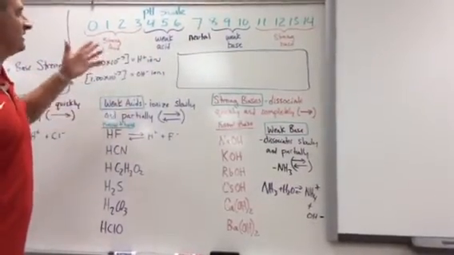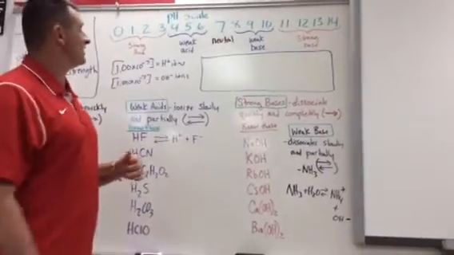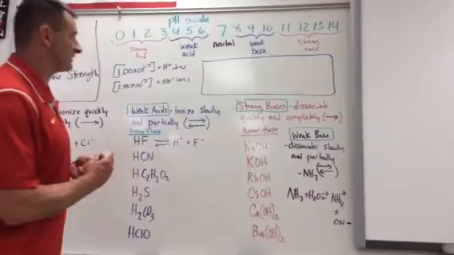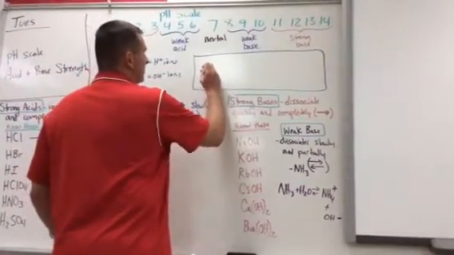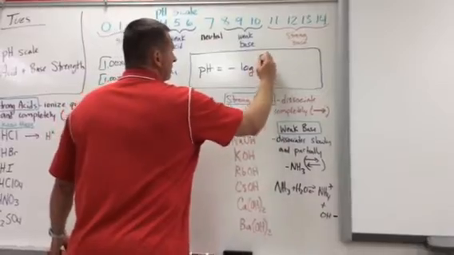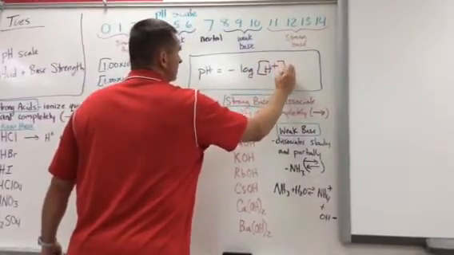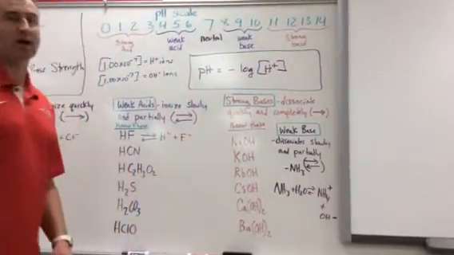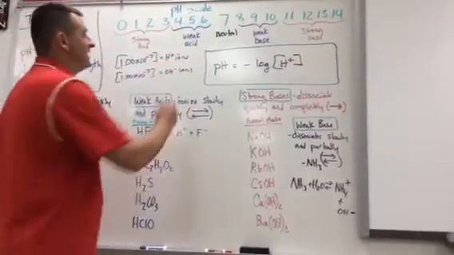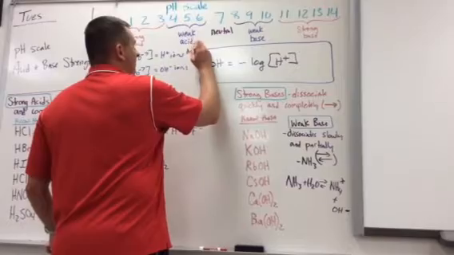So what is pH? pH is the measure of the concentration of H plus ions. So pH equals the negative log of the hydrogen ion concentration. When you see that, I want you to think of H plus ions as acid ions.